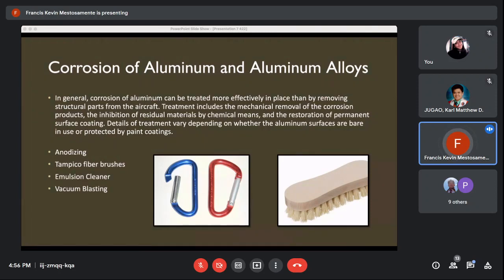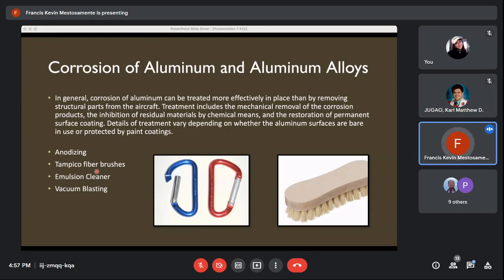Next is corrosion of aluminum and aluminum alloys. With aluminum or aluminum alloys, ganun lang din, we could use chemical, we could use certain materials. Pag aluminum, medyo lighter material to, so ang ginagamit natin dyan is mga light abrasive pads.